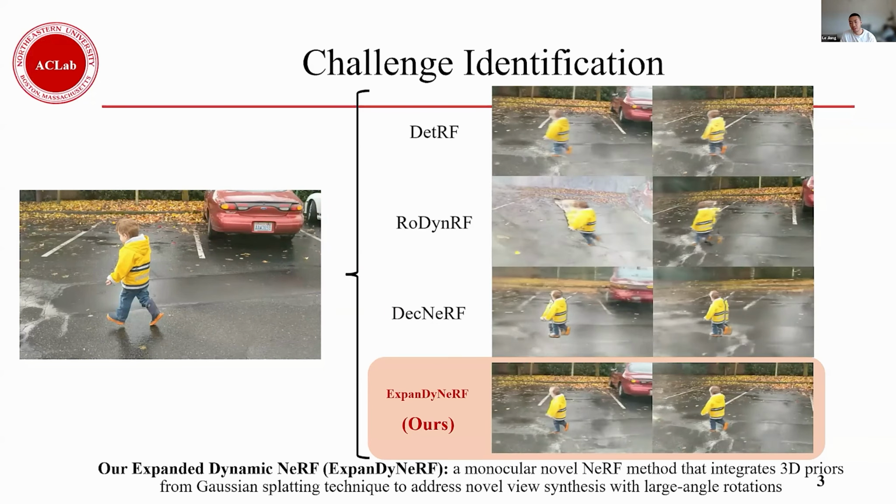This is an inherent limitation of monocular training: the model has never seen any supervision signal outside the primary view.